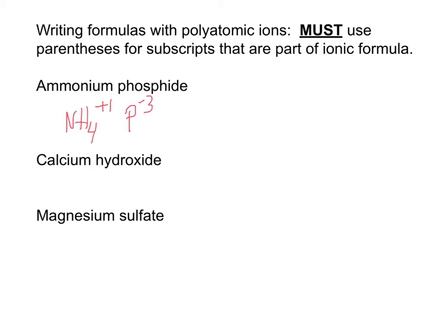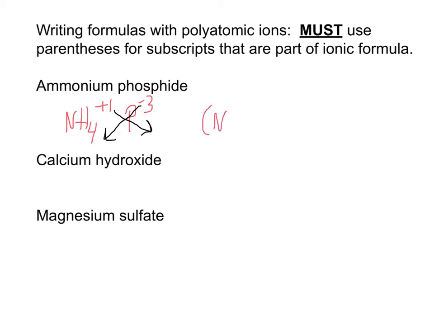We're going to write the ions and their charges, and we're going to crisscross the charges. Now here's where the parentheses come into play. The crisscross is telling us we need 3 ammoniums, so that would be parentheses NH4.